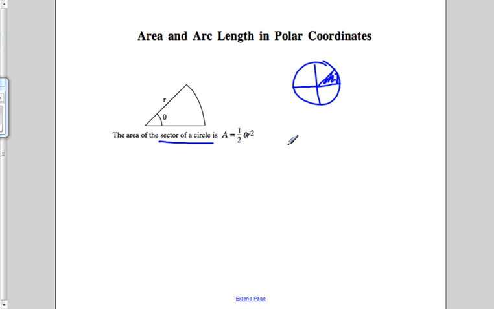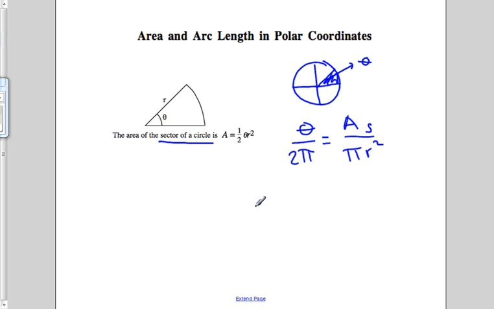The way we find that area is we note that if this has angle theta, there's going to be a relationship between theta and the full angle in a circle, 2 pi radians. That ratio of theta to 2 pi is going to be equal to the area of my sector over the area of a full circle, which is pi r squared.